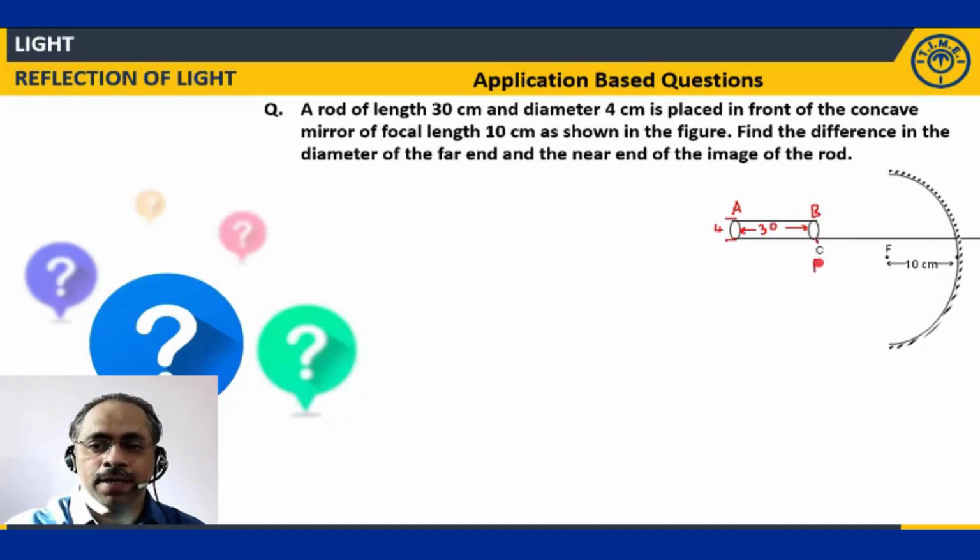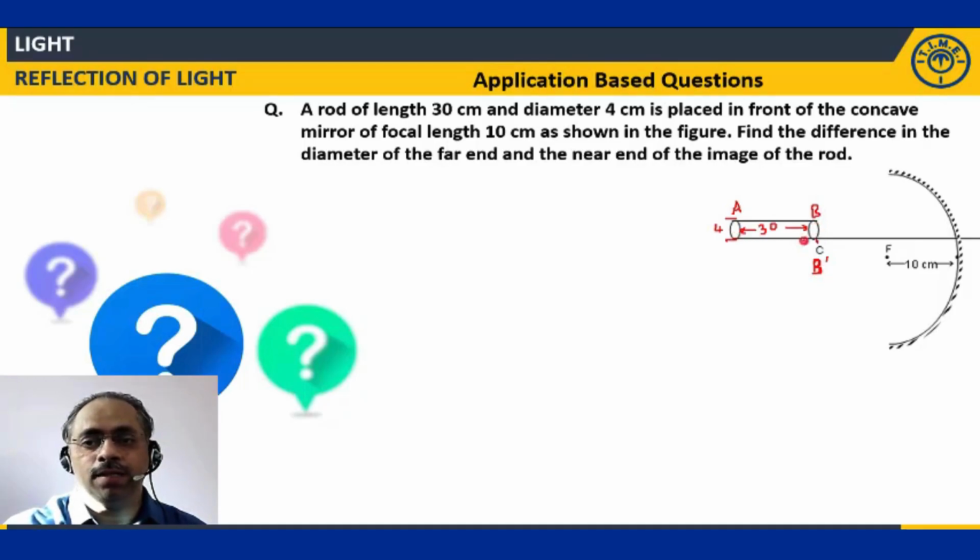At the same place. Let me write it as B dash. Because we know that when the object distance is equal to the image distance, it is possible in the case of a concave mirror only when the object is placed at the center of curvature. So B is at the center of curvature. So if B dash indicates the image of the B part of the rod, then I'll get B dash here itself.